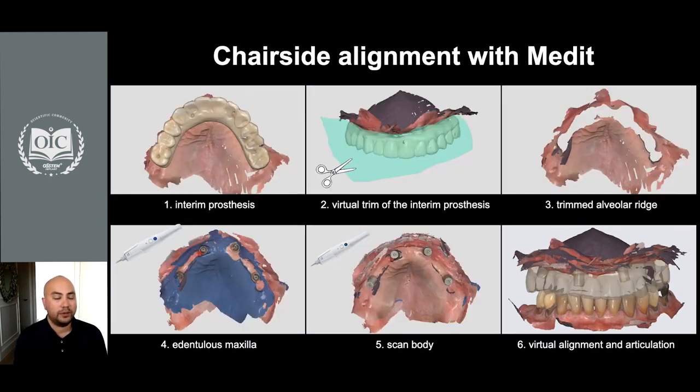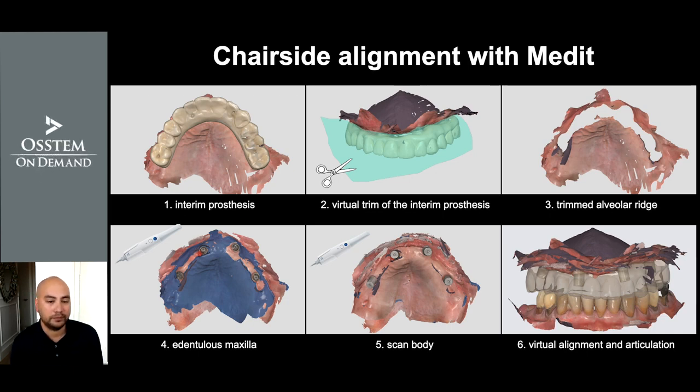How do we carry out the alignment? In this case, I use the MEDIS software. This is the scan of the interim prosthesis in place, and I virtually trim the prosthesis, then rescan the residual ridge. We merge the files, and this is the scan body in place.